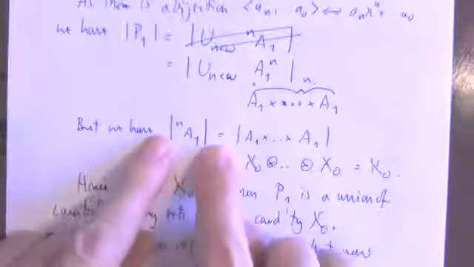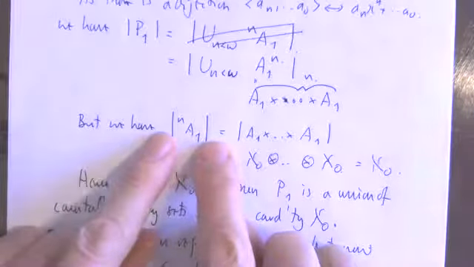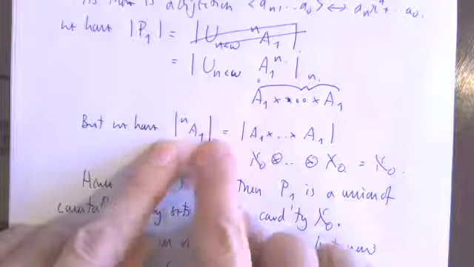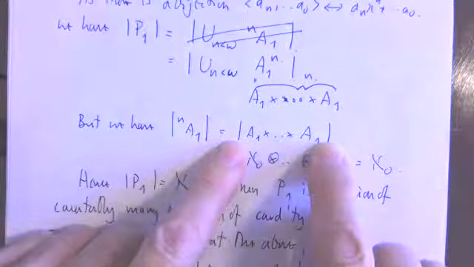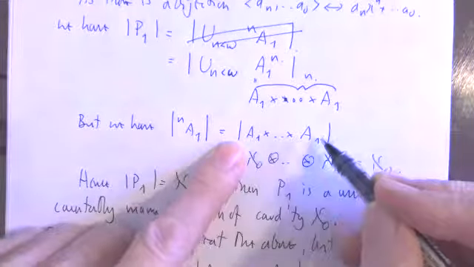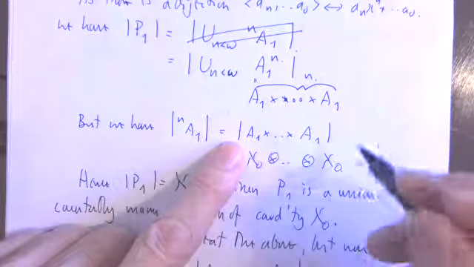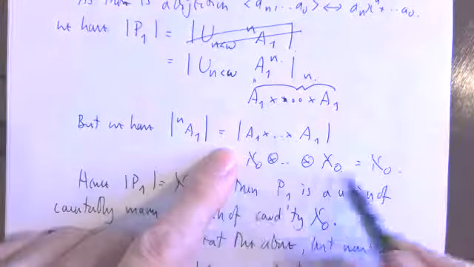So there are as many things in P1 as there are finite tuples from A1, which is what I've written here. But actually, a finite tuple from A1 is just something in this Cartesian product of A1 with itself n times. So I just calculate the size of this here, and this is what it gives me down here.